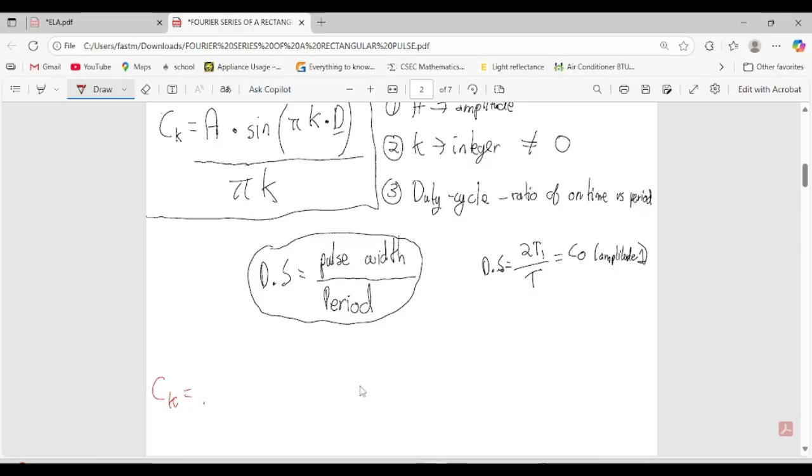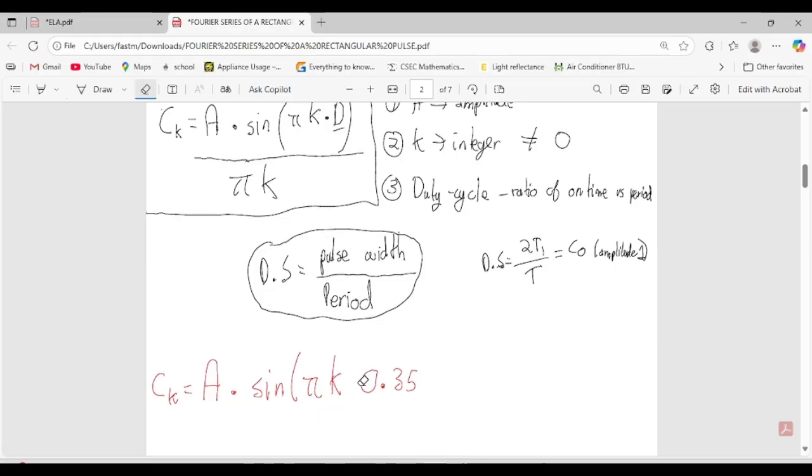So you have A, which could be anything, times sine of pi k at the duty cycle, let's say 0.35. Let me remove that dot because they might think it is more. And you're dividing that by pi k.